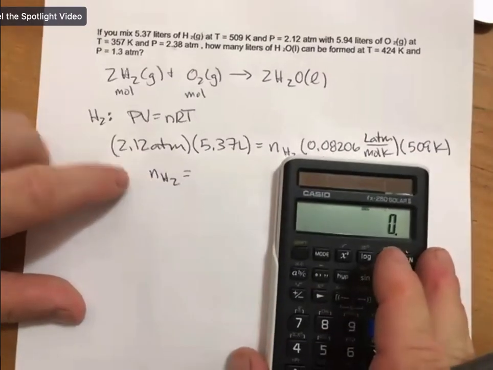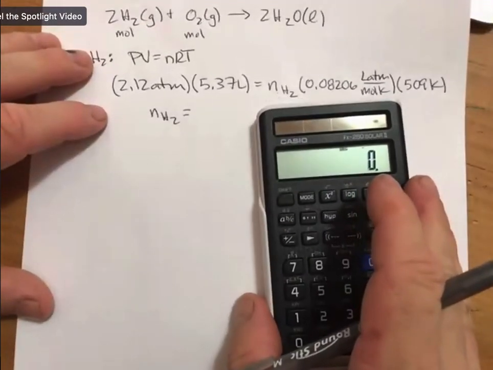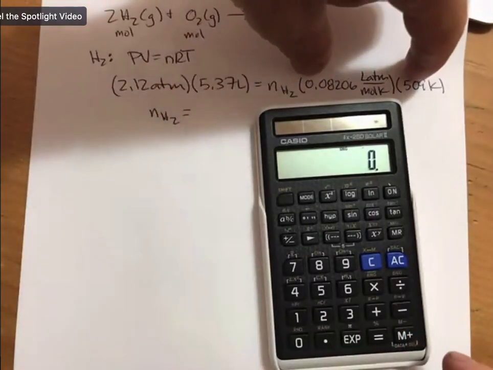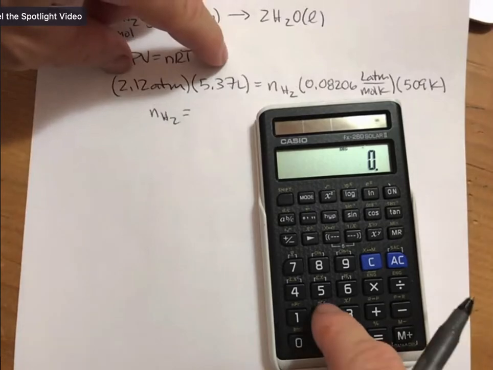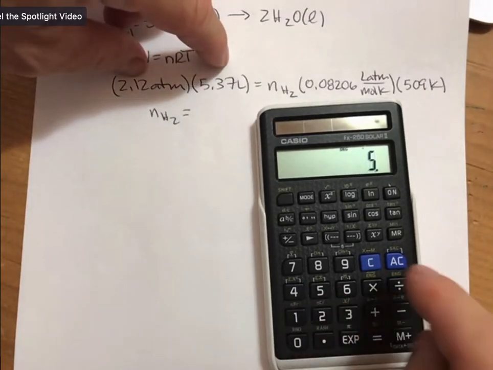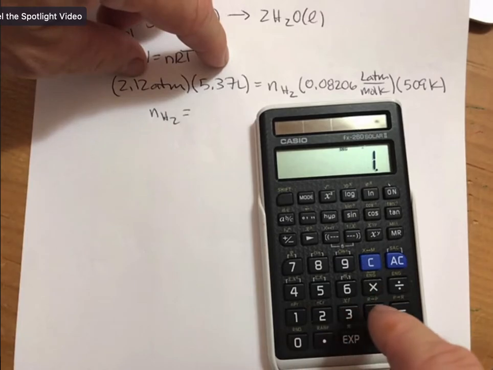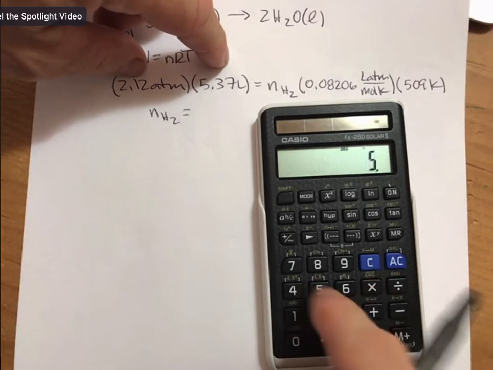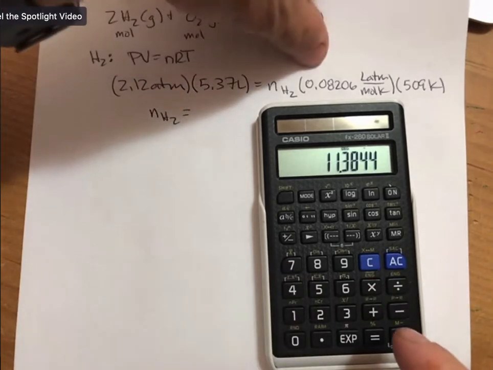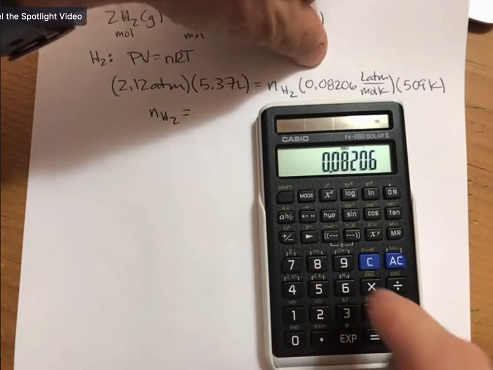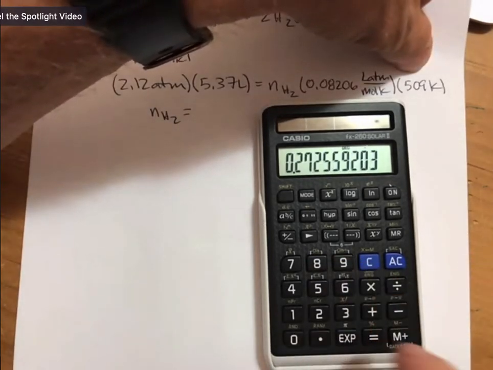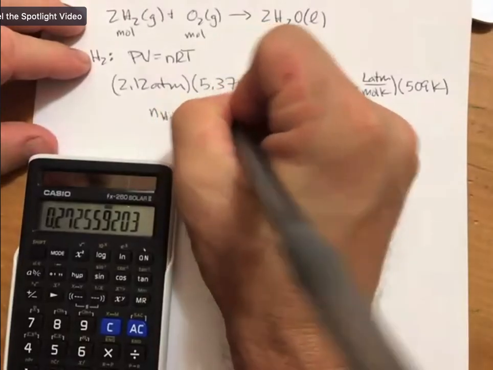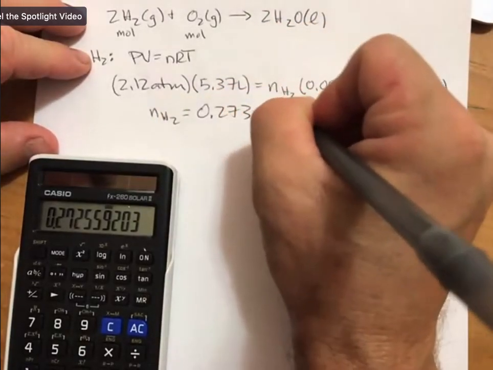And if I do that, I need to take these two, divide them by the ones on hydrogen's side to solve for n. 2.12 times 5.37, there we go, divided by 0.08206 divided by 509 equals 0.273 moles of hydrogen.